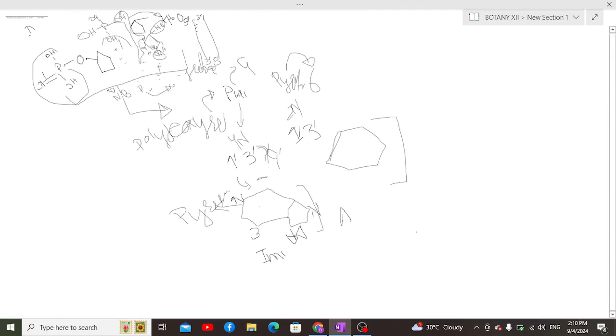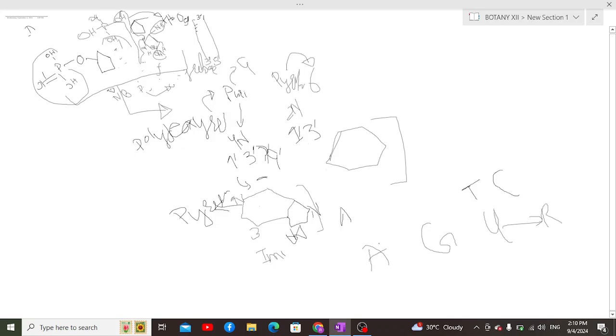When it comes to purines, we have got two purines, which are known as adenine and guanine. On the other side, pyrimidines are three, which include thymine, cytosine, and uracil in case of RNA, not in case of DNA.